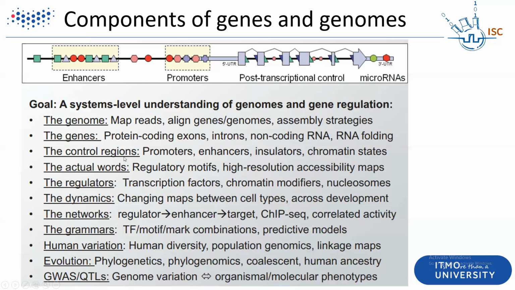And you also have control regions, some promoters, enhancers, insulators, chromatin states, where you can try to understand in terms of the similarity, or how you can effectively use them. The control regions are also important in epigenomics, when you get different modifications of the genes.